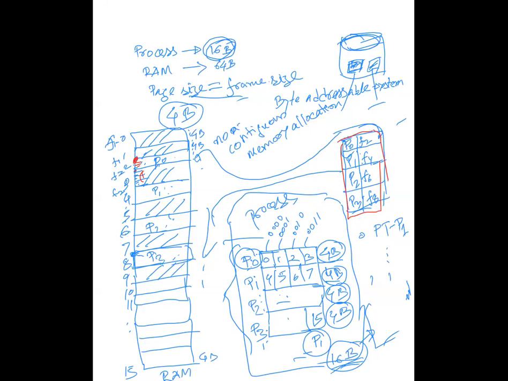Okay, so this page table should be inside one of your page frames. Let's say this is PT, the page table for P1, located in that location. Now what would be the size?